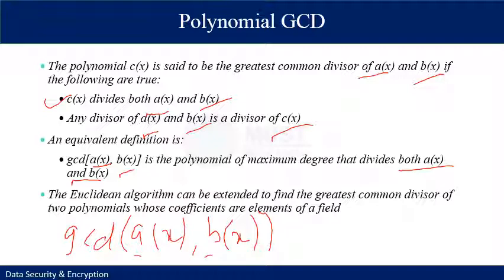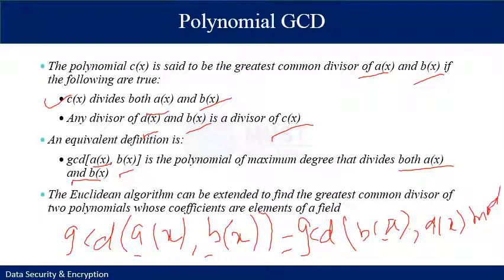Now we have a of x and b of x, which is equivalent to the greatest common divisor of b of x, a of x mod b of x. At each division or iteration, you replace b with a, and a with the remainder.